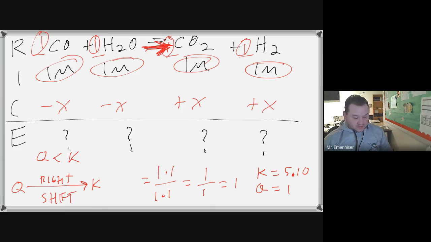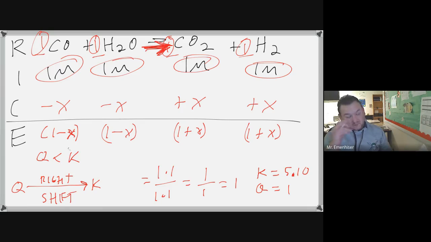So there's our changes. Now, how do we get equilibrium? Well, we know that carbon monoxide starts with 1 molar and decreases by X amount. So let's write that, 1 minus X. And that's what we're going to put for CO. 1 minus X for H2O, 1 plus X for CO2, and 1 plus X for H2.